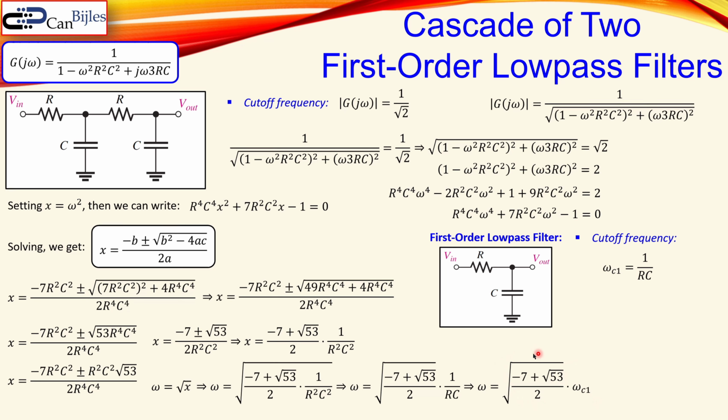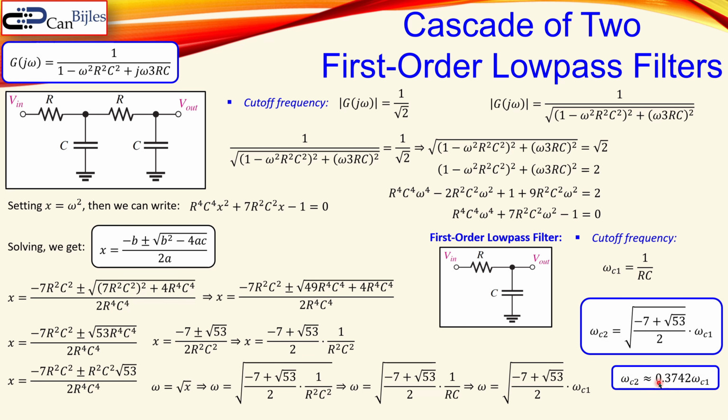And this value, which is of course maybe not easy to determine, is the value we need to multiply our cutoff frequency of our simple first order low pass filter by to go to the cutoff frequency of this second order cascaded low pass filter. So in this case we can say omega c2, which is then the second order filter cutoff frequency, is this much the cutoff frequency of the first order low pass filter, which is approximately 0.3742.